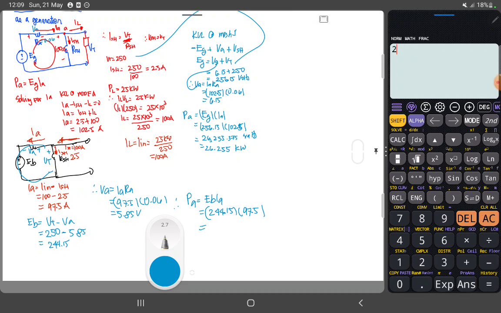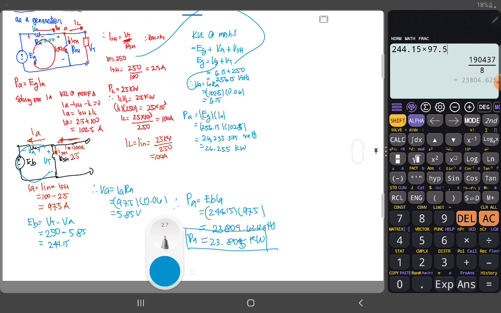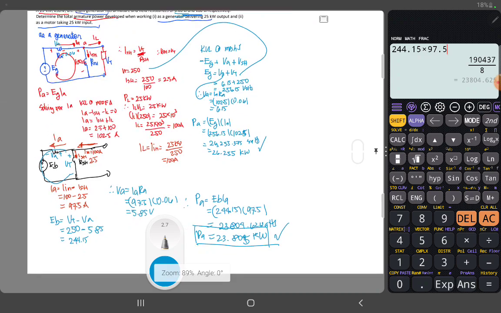So that is equal to 23,804.62 watts, or simply 23.804 kilowatts. Okay, so that would be your PA. That is for motor, and the earlier one is for generator.